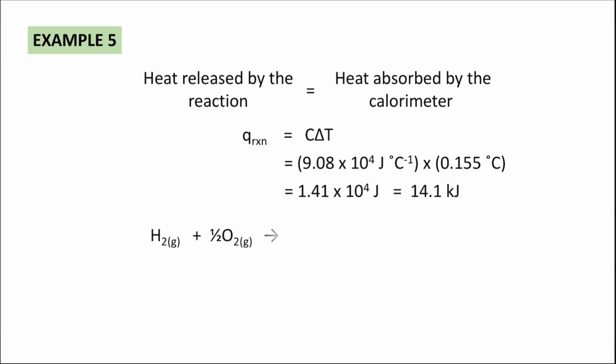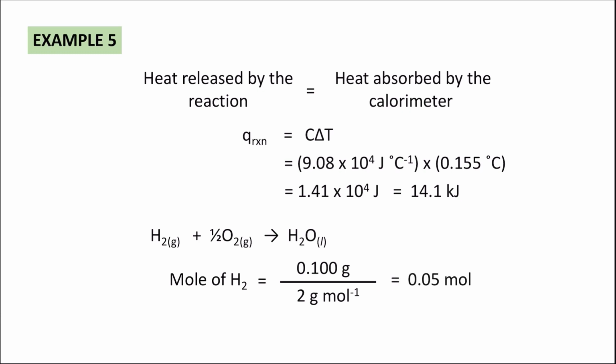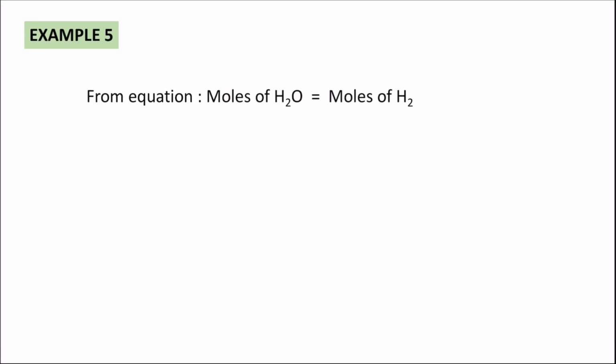And then from the equation, we have this one. Untuk hasilkan water ada 1 mole. And then apa yang kita ada mass untuk H2. So, cari dulu mole untuk H2 so that kita boleh dapat 0.05 mole. So, apabila awak buat stoichiometry, mole untuk H2O ni sama dengan mole of H2 based on balanced chemical equation.